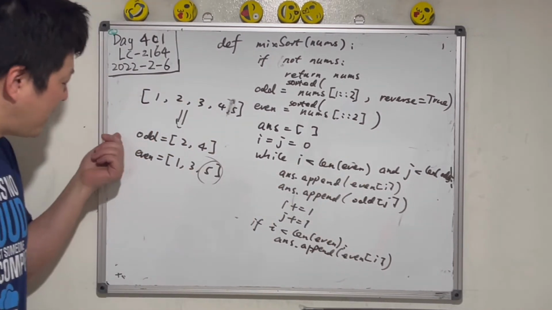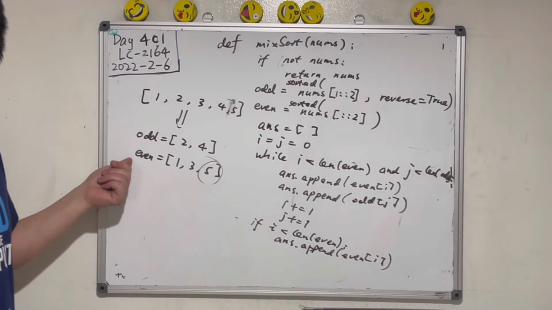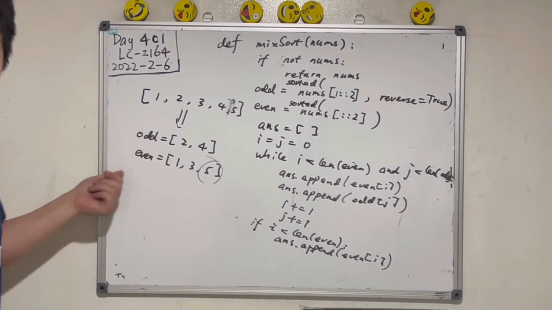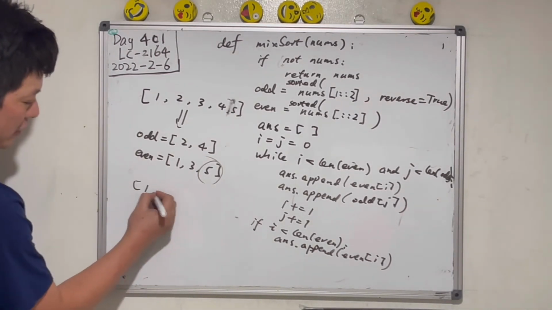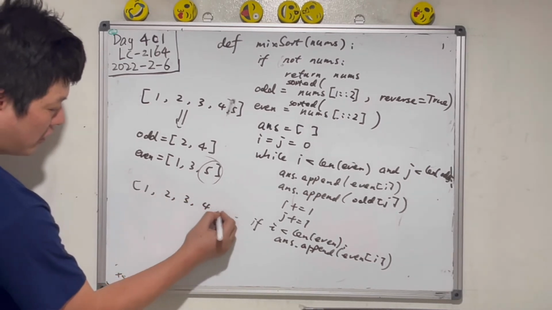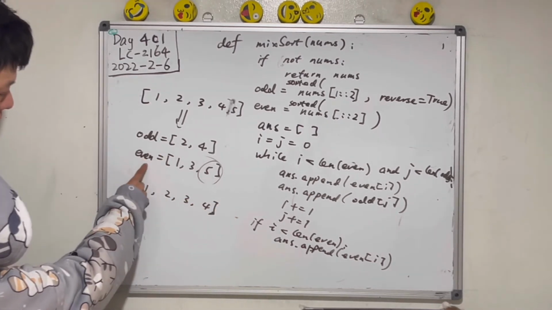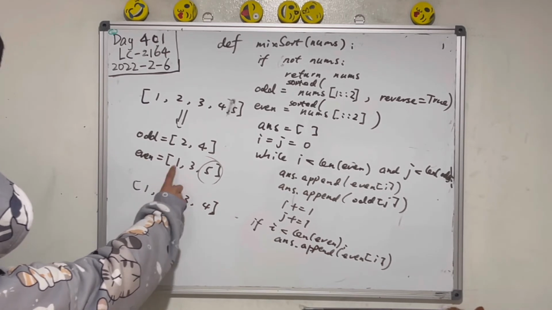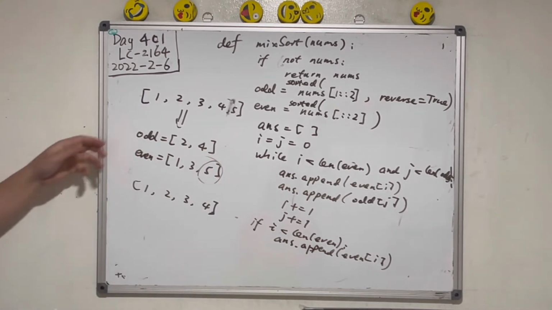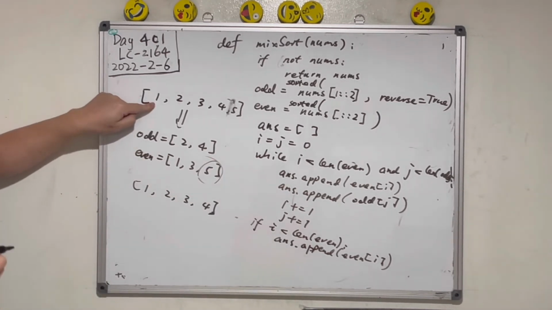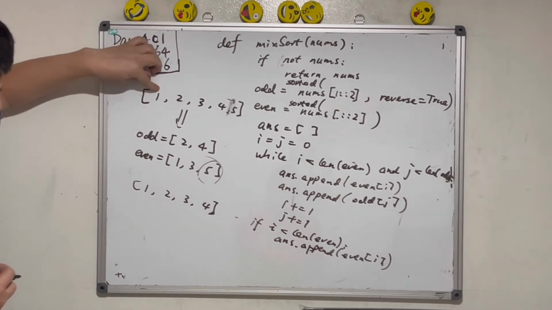Is it possible that the odd has more elements than the even? Like 1, 2, 3, 4. Even means the numbers that start at the even index, so this is 0, 1, 2, 3.